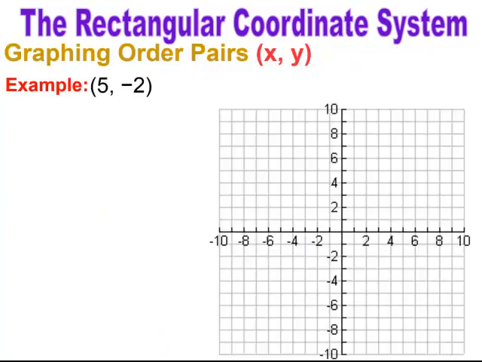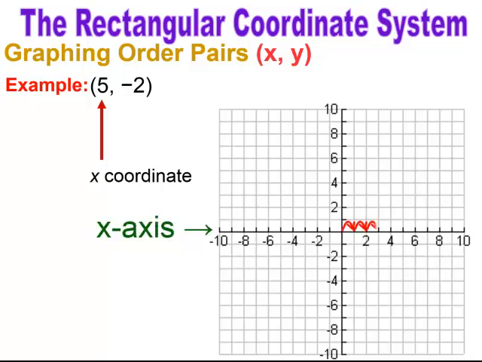So when we want to graph or plot an ordered pair or a point, we're always going to start at the x value. You look at the x coordinate and look for it on the coordinate plane. You always start at the origin, and because the x value in this case is a positive 5, I'm moving to where x is a positive 5.